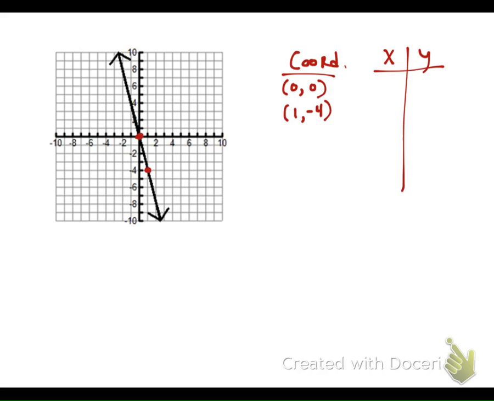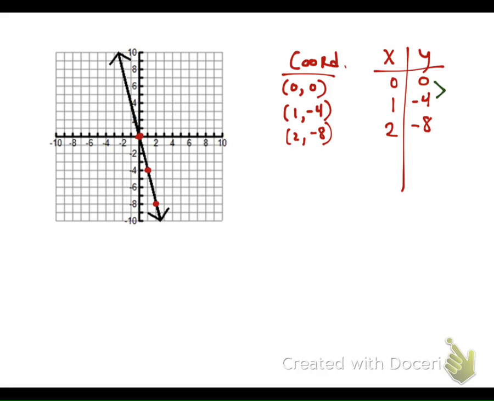If I keep going down, I have another one that pops up right about there at 2, negative 8. And now, with just about 3 points is where I'd like to go, I can start making my table. So I'm going to put these right over here into the table that I already have. I'm going to have 0, 0, 1, negative 4, 2, negative 8. And now I'm ready to go ahead and find my rate of change.